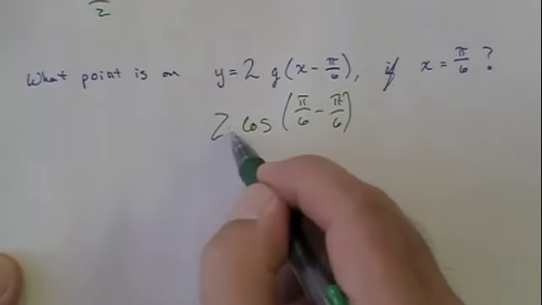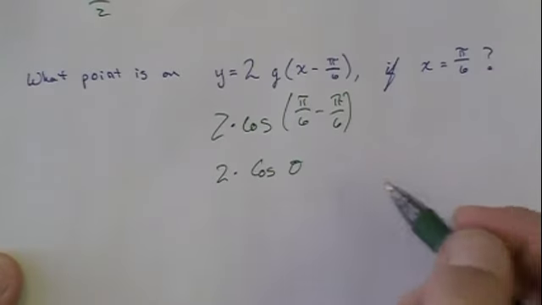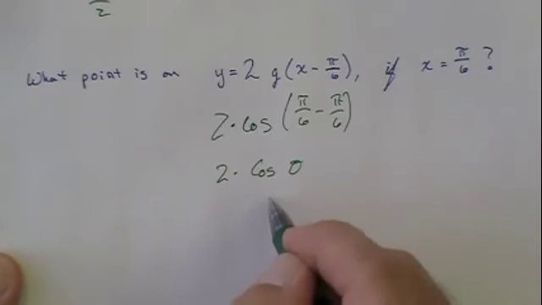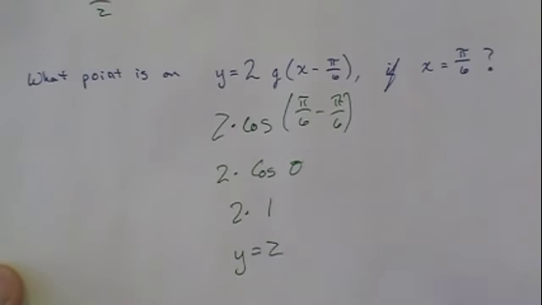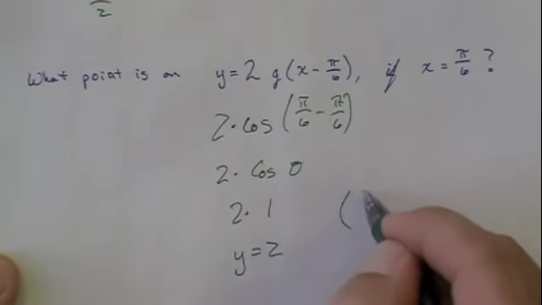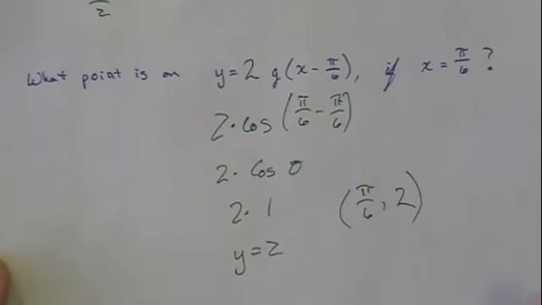And then we're going to take 2 times that. So we have 2 times the cosine of 0. We know cosine of 0 is equal to 1. 2 times 1, so we find that y is equal to 2. So then again, our x value is pi over 6. We just found y to be 2. That would be the point.